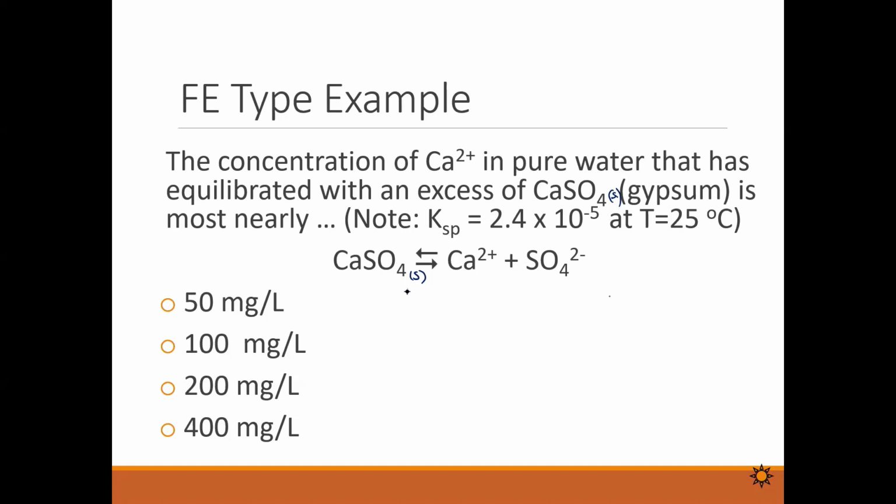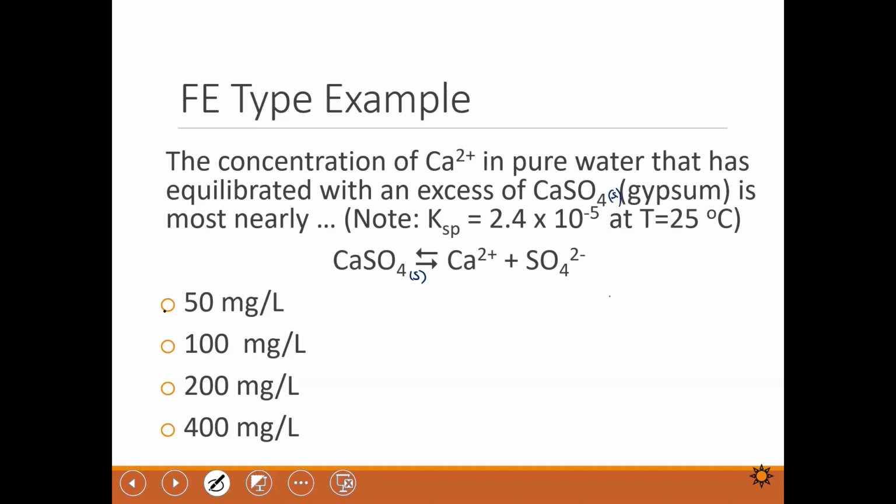So the concentration of calcium in pure water that is equilibrated with excess calcium sulfate is most nearly, and you're given in this case the solubility product. The reference handbook also has a list of solubility products. Okay, in the interest of time, we'll stop there.